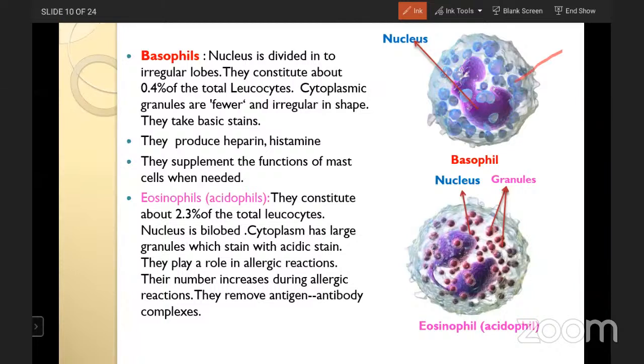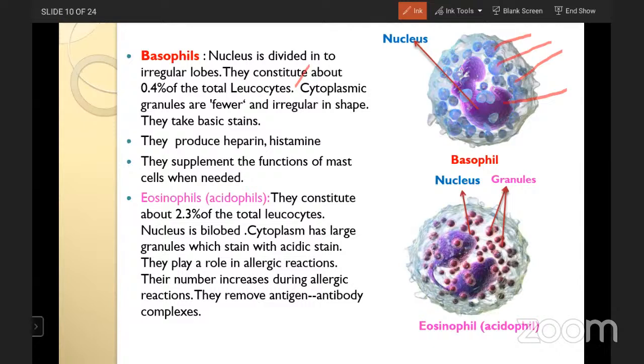They constitute about 0.4% of total leukocytes. Cytoplasmic granules are fewer in number and irregular in shape. The granules also do not have a certain shape, just like the nucleus.